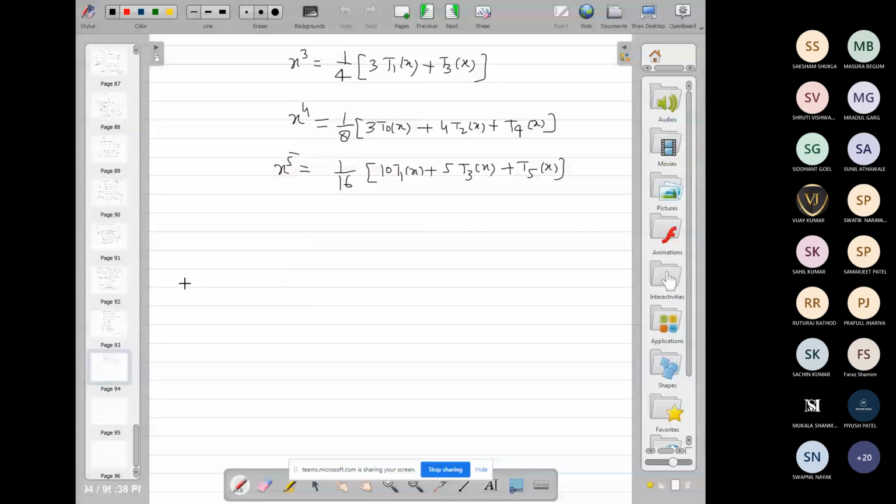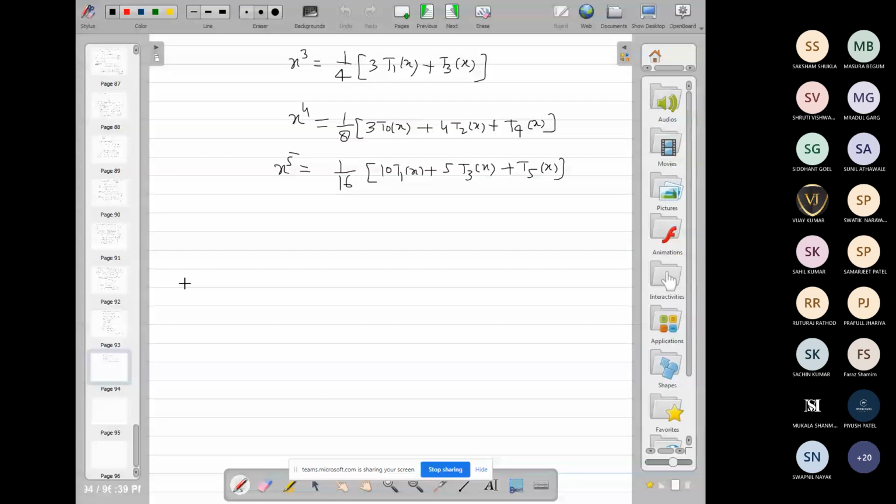So now consider one example. This is the equivalence of x square, x cube in terms of Chebyshev polynomials and the value of Chebyshev polynomials of various degree in terms of x. Both are equal. We can change from x^2 in terms of T0, T1, T2, or from T1, T2, T3. We can interchange in terms of x. Both are same.